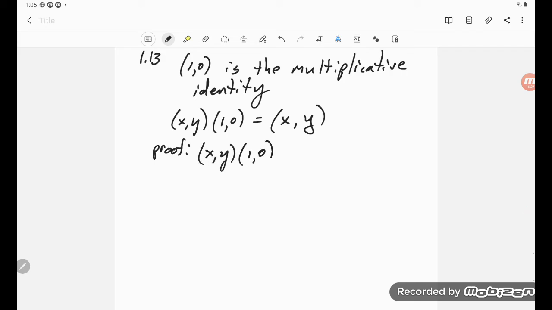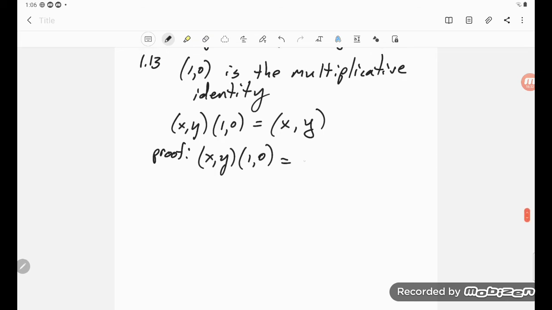So (1, 0), by definition then, that's x times 1 minus y times 0, and then y times 1 plus, sorry, not minus, x times 0, and so you get (x, y). So I just carried out the multiplication, and that is the proof.